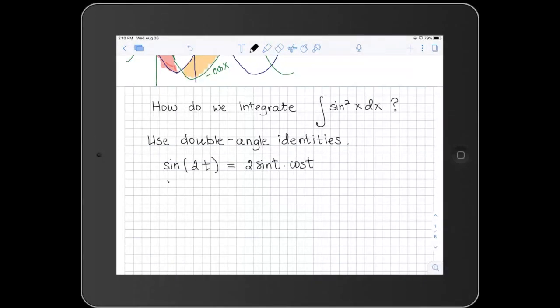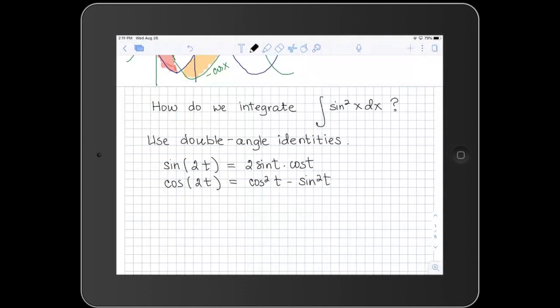But what about cosine of 2t? There are a couple of formulas that we could use. First, it's cosine squared of t minus sine squared of t. It's good for you to know this formula, but in this case it's not going to be very helpful for integration.